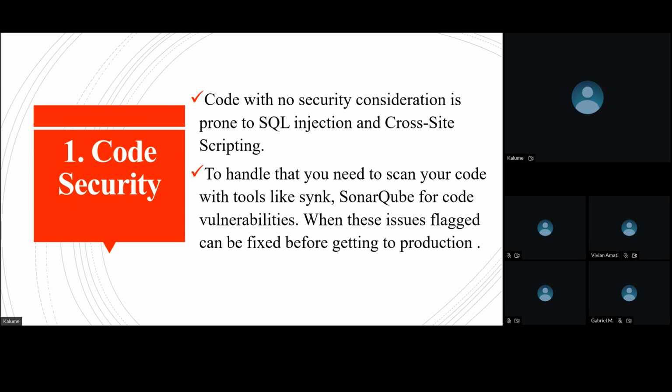It usually keeps checking on the repository, but you can also embed all these tools in your pipeline. Once your pipeline runs, it goes through these checks. If one check fails, you can say the pipeline should not proceed until that check has been ticked or that issue has been fixed.